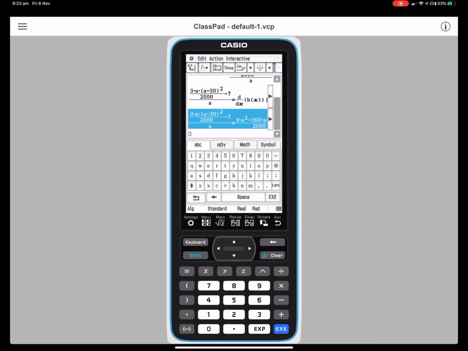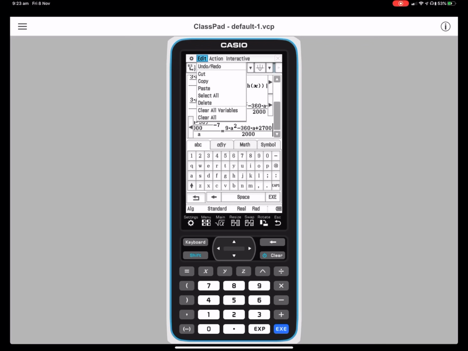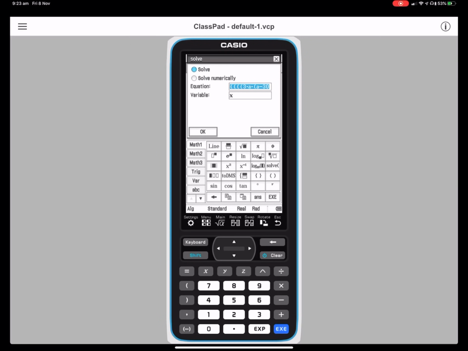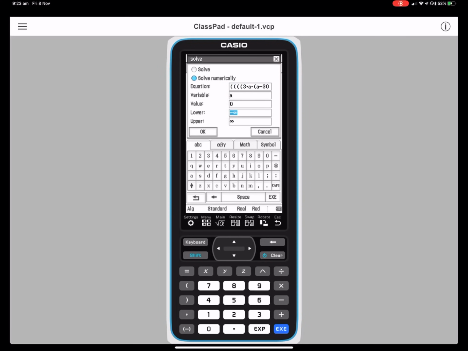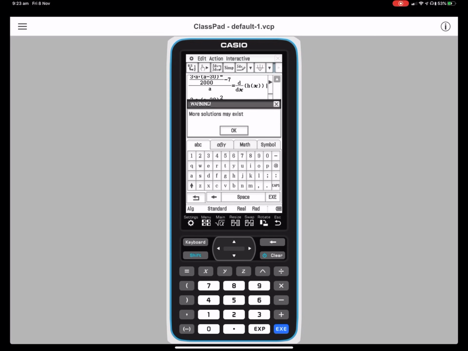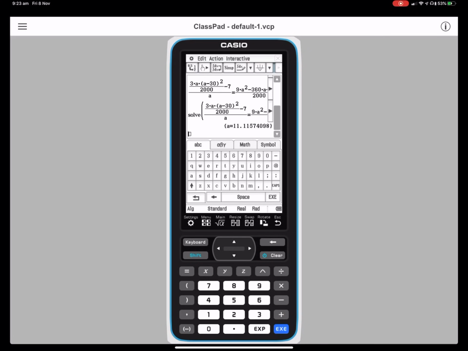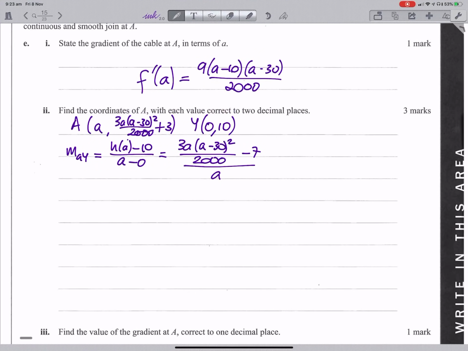Select all, solve for a between, was it 10 and 20? 11.12.